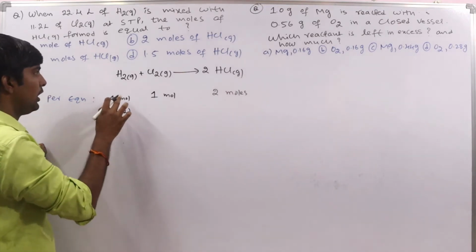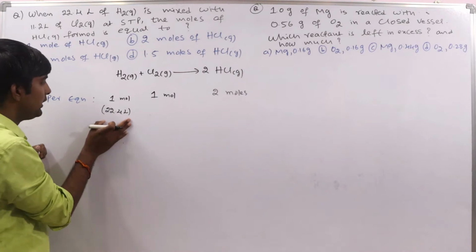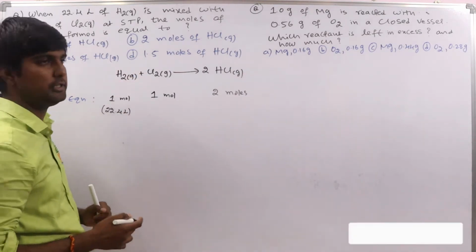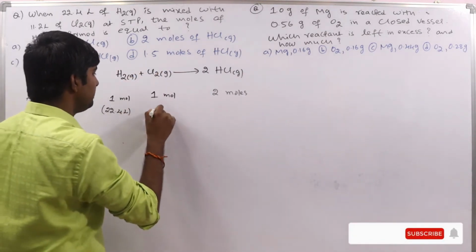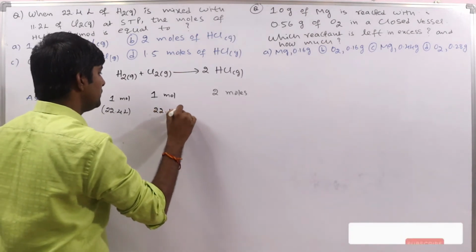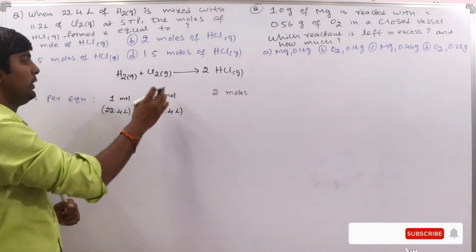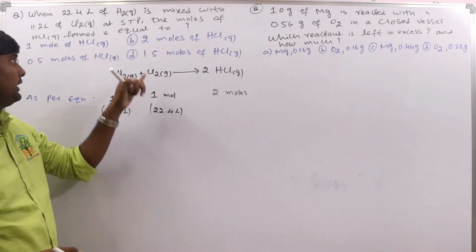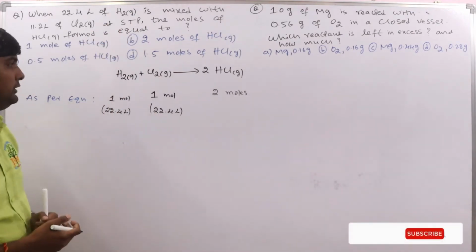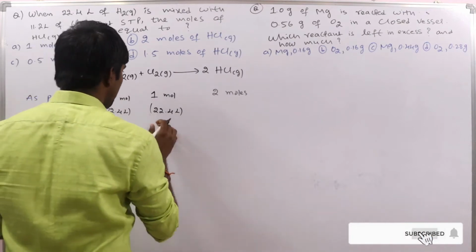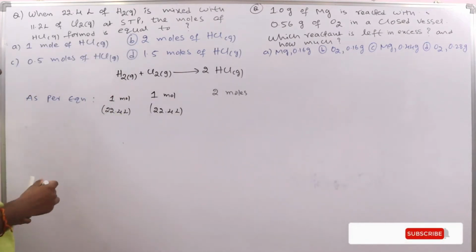22.4 liter. 1 mole of hydrogen gas is nothing but 22.4 liters of hydrogen, right? Here also it is 1 mole, so it also occupies 22.4 liters at STP. Already the conditions are mentioned. So this is as per the equation.